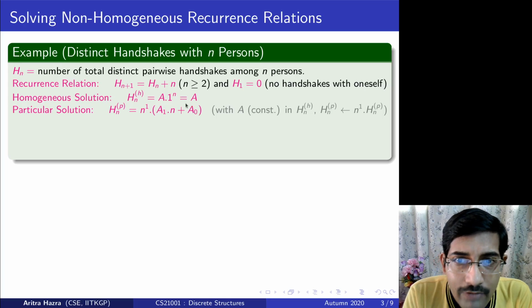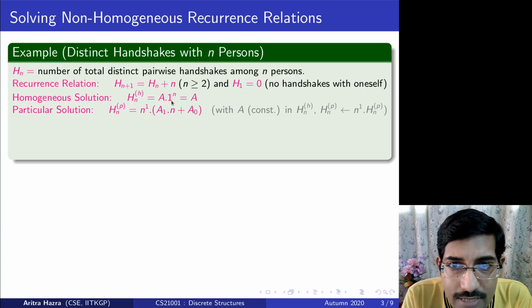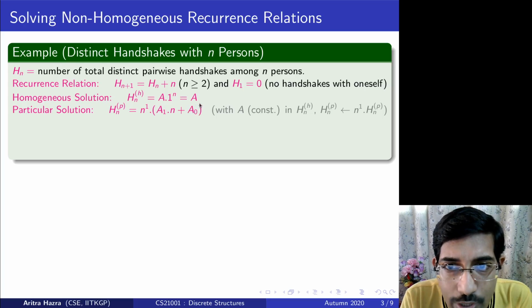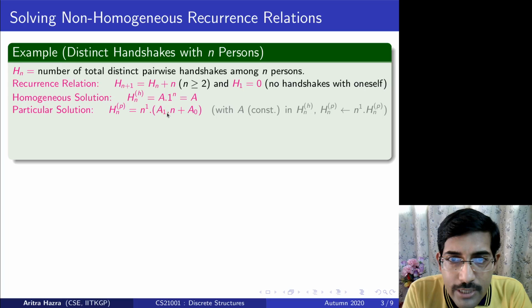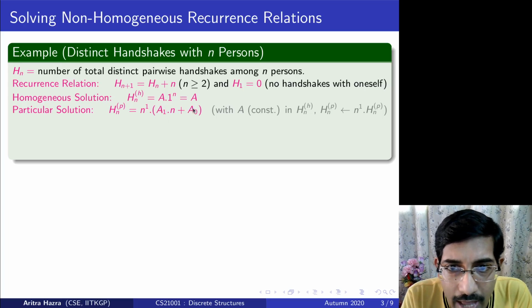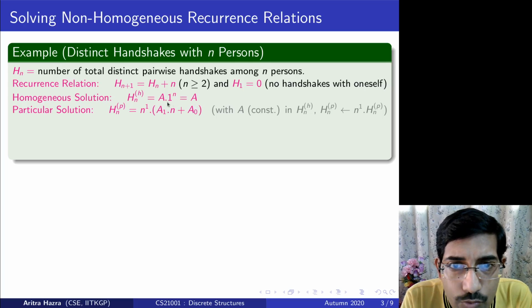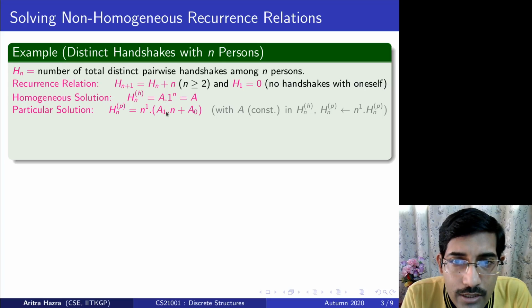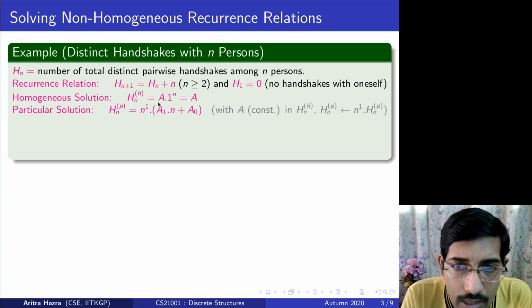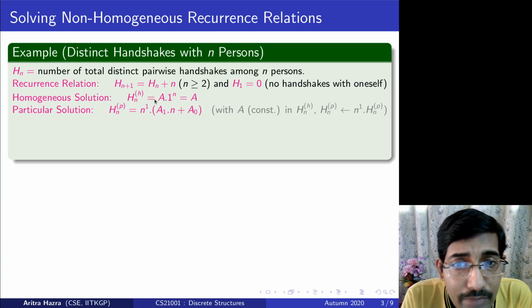But now what will happen is that, if you choose this as a format for the particular solution, this part says a0 into 1 to the power n. Forget about this n to the power 1. This part, a0 into 1 to the power n, matches with the homogeneous solution. So only choosing this part added with the homogeneous solution will not give me linear independent addition.